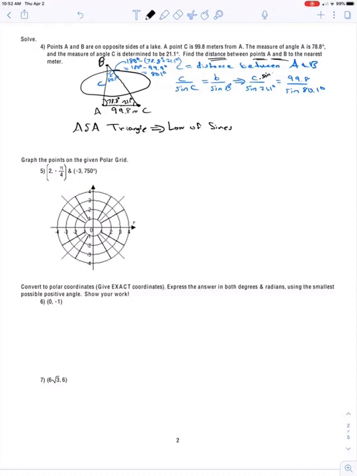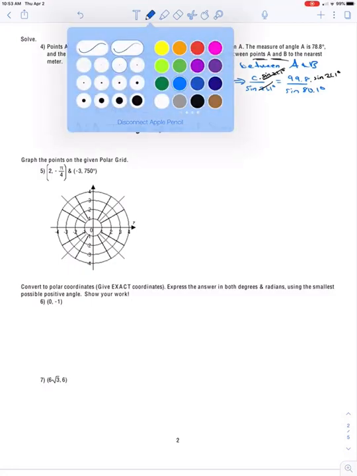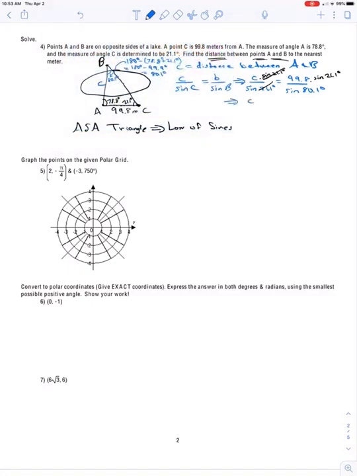Let's go ahead and isolate. Let's get rid of that coefficient of 1 over sine of 21.1, and we can do that by multiplying both sides by the sine of 21.1, so they divide out. Now we have c equal to 99.8 times the sine of 21.1 degrees divided by the sine of 80.1 degrees.